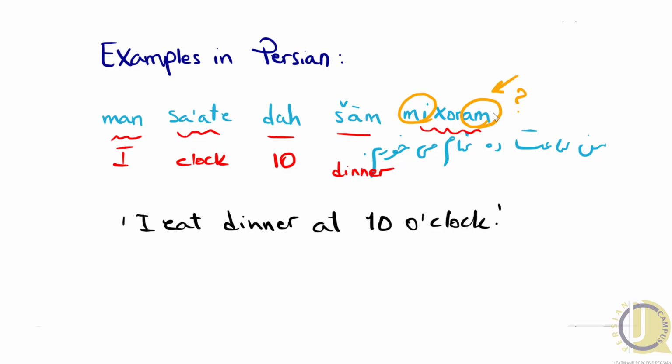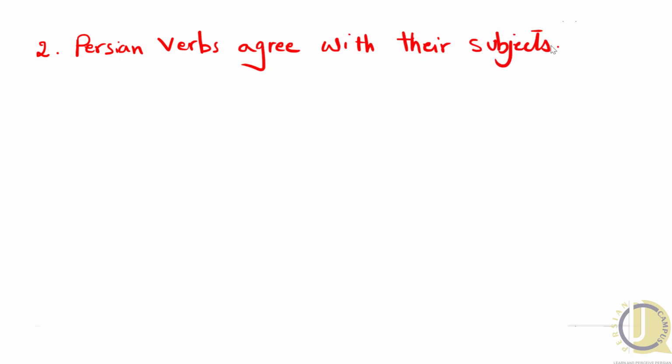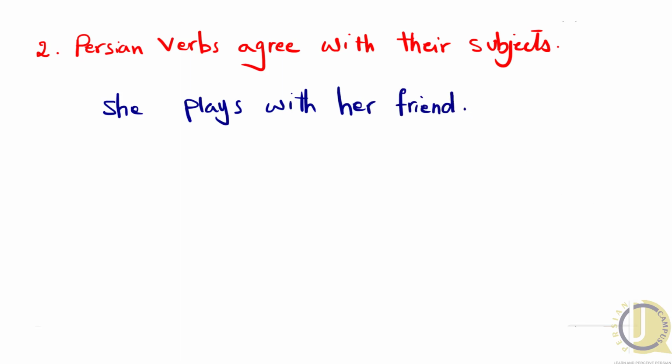That brings us to the second feature of Persian grammar. Persian verbs agree with their subjects. In a statement like, she plays with her friends, consider the ending s in the verb plays. The s indicates that our subject is in the third person singular.